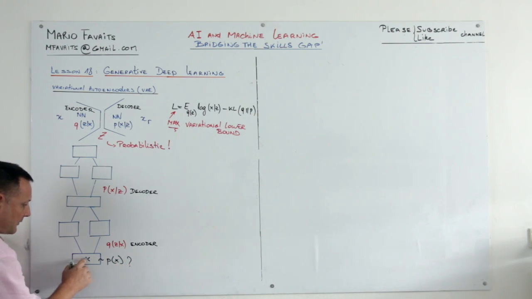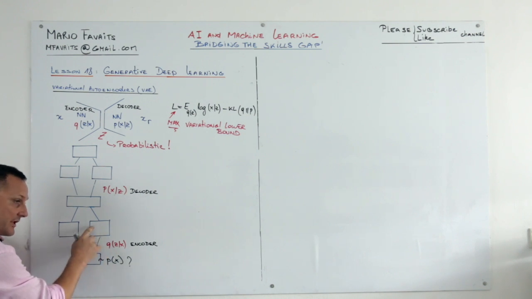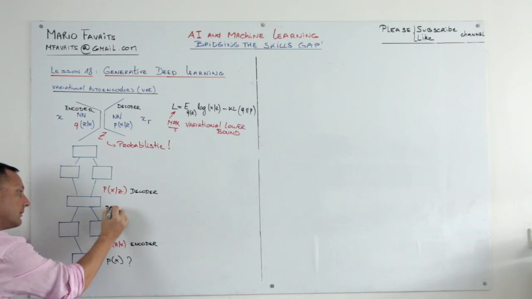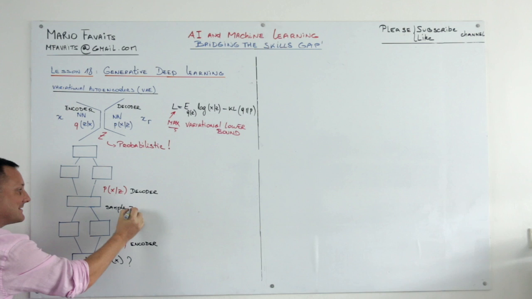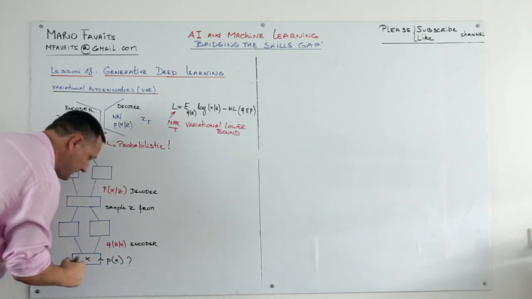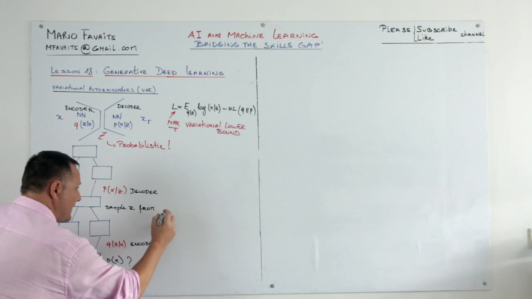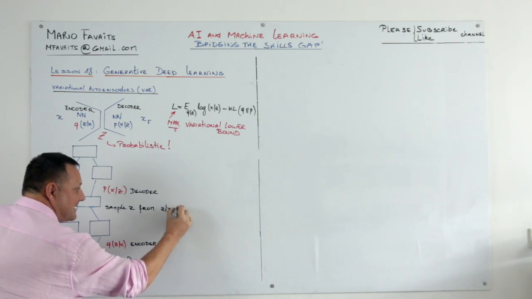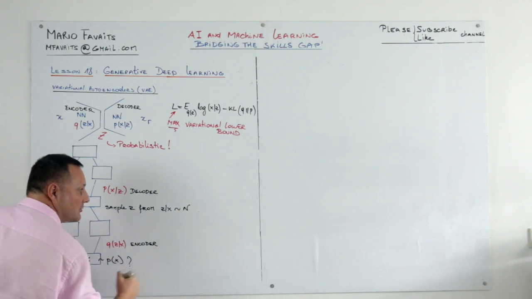So basically what we will do is assume that we have a Gaussian here. We're going to sample Z from Z given X, and Z given X is going to be a Gaussian.